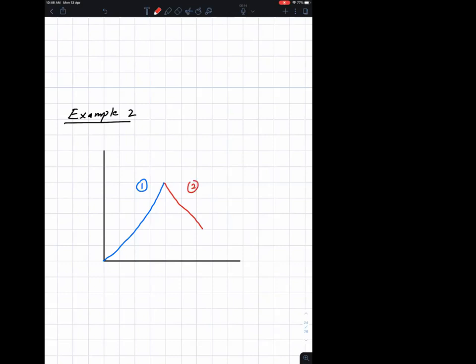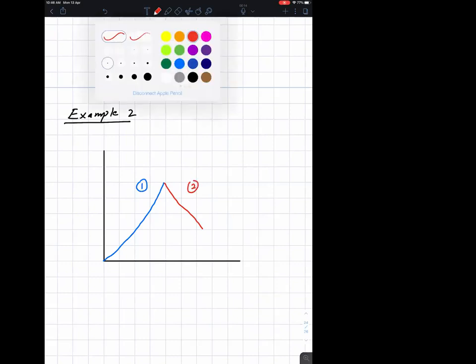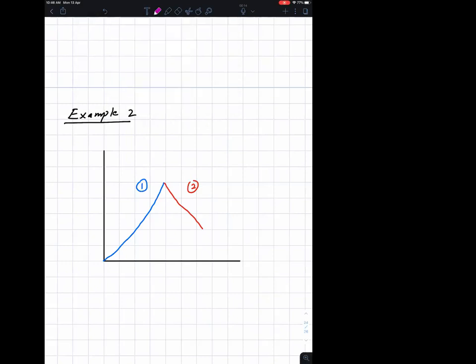This is the second equation. Then you have another equation. Let me draw this in another color. Three. So section 3. You have 3 sections here.